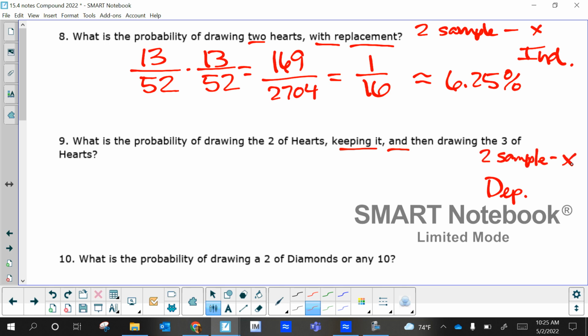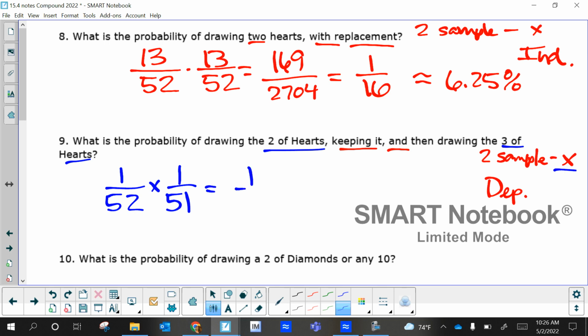So we are going to multiply. So what's the probability of drawing the 2 of hearts? There's only 1 of those, so 1 out of 52. I'm keeping it. Now I want to try and draw the 3 of hearts. There's only 1 of those. Now I'm keeping the other one, so that leaves me with only 51 cards. And remember, I'm multiplying here. So 1 times 1 is 1. There's that 52 times 51 again. We did this earlier. 2652.